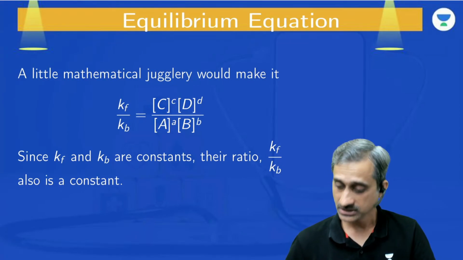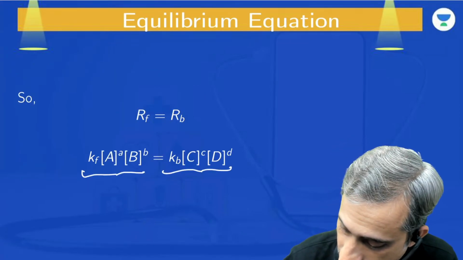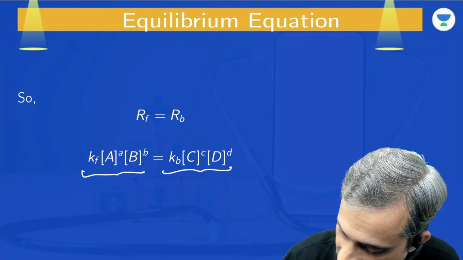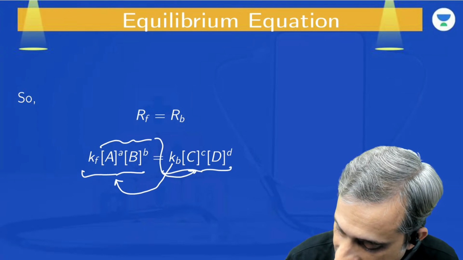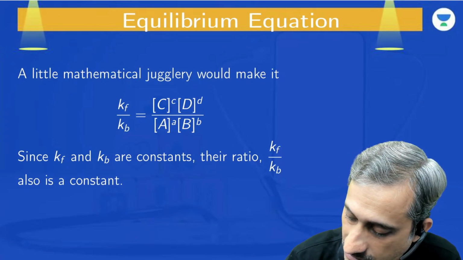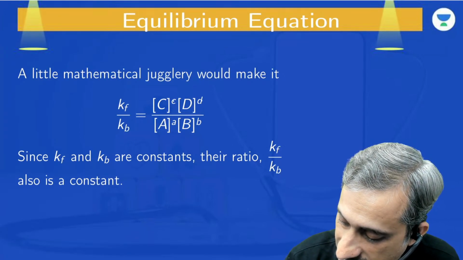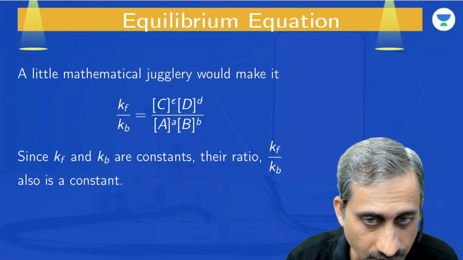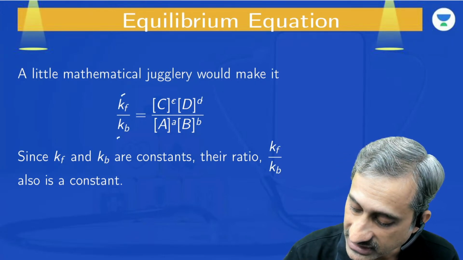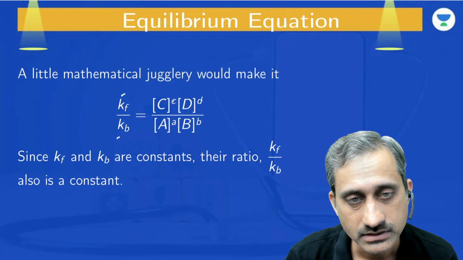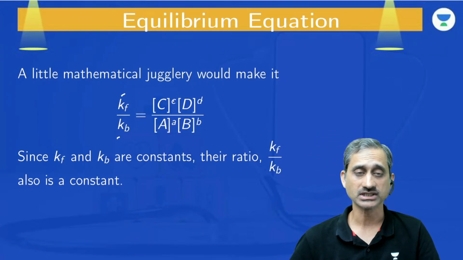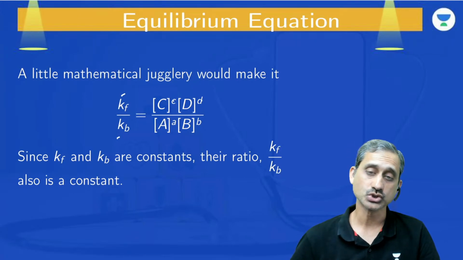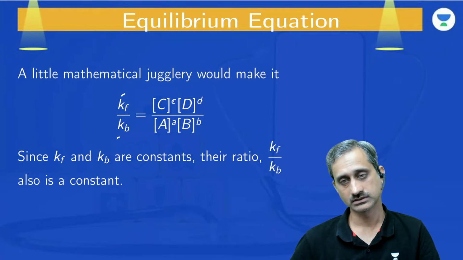Now we have just shifted it. So what happens? We take this particular part and we take it in the denominator, and we get kf upon kb is equal to c raised to power c, d raised to power d, upon a raised to power a, b raised to power b. Now kf and kb are rate constants. They are not going to change unless we change the temperature. We are not going to change the temperature, so their ratio kf upon kb also is a constant.